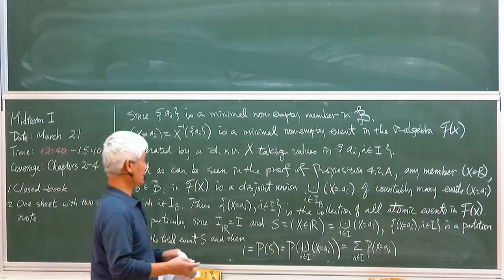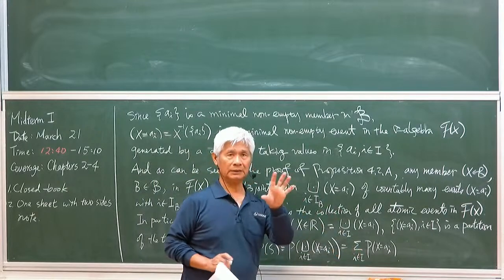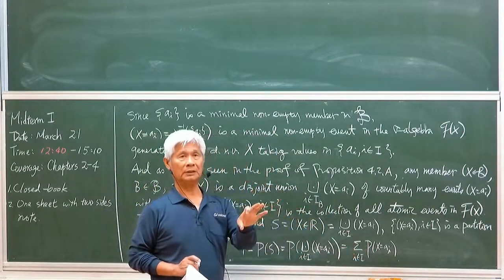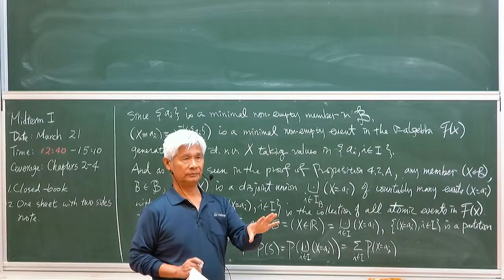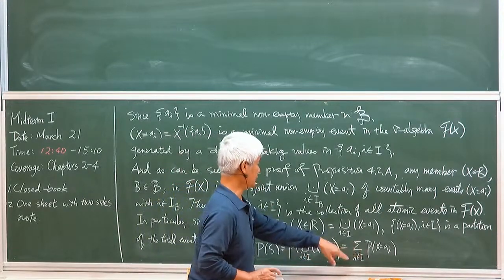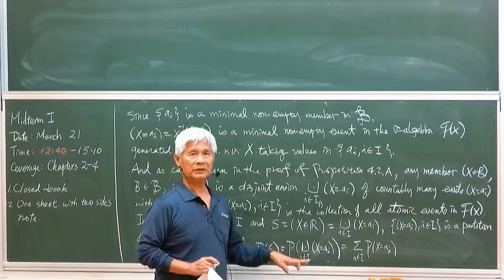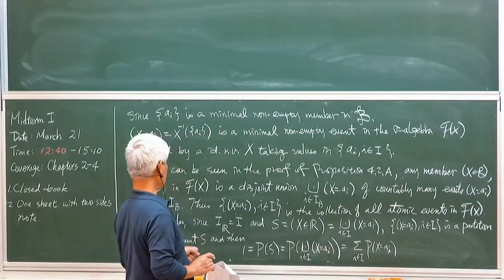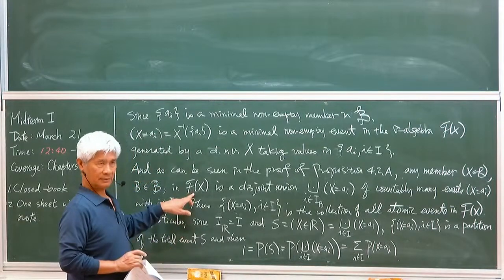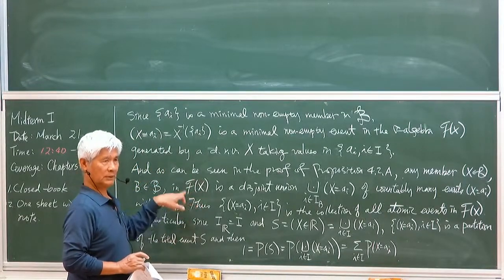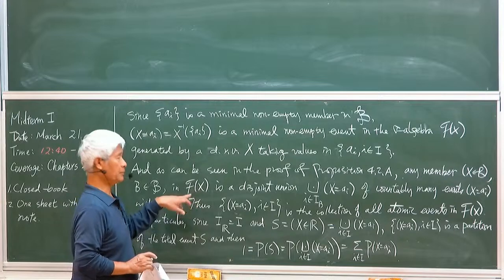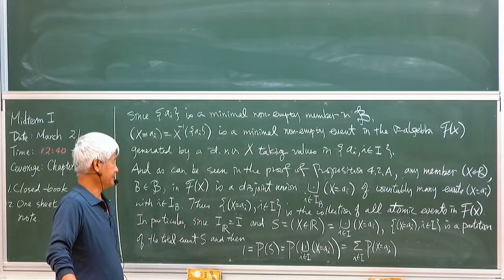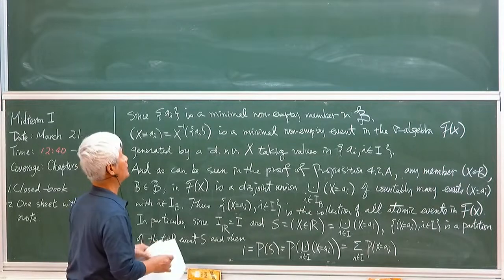So you can see the original probability function P is a probability function on the sigma algebra F. Now, because we have the summation here, the same probability function is a probability function on the sigma algebra generated by X, by proposition 2.5.e.